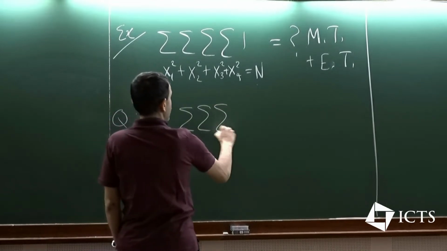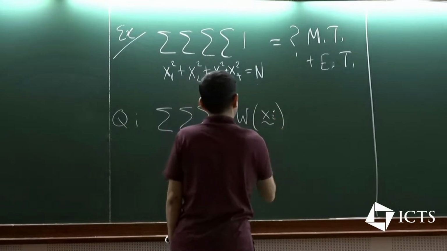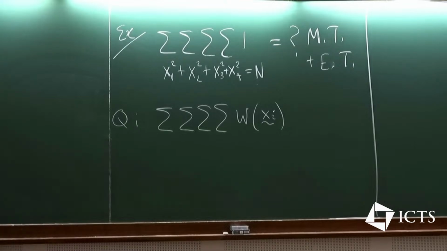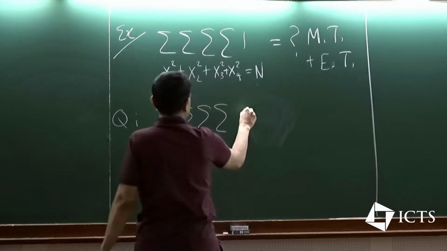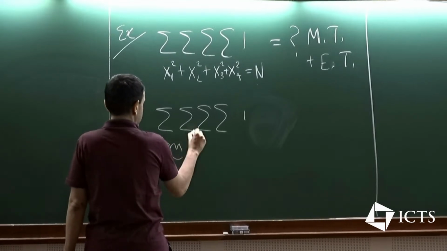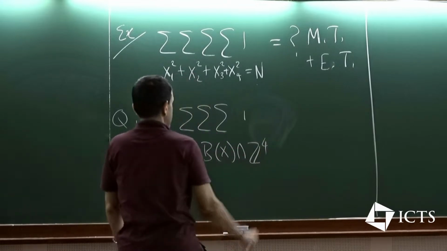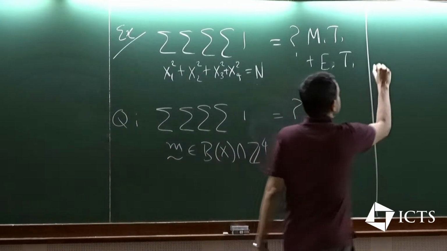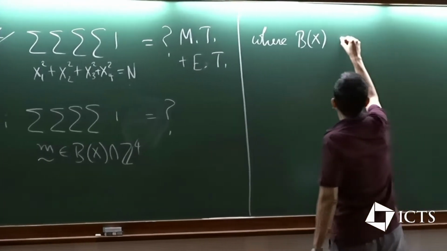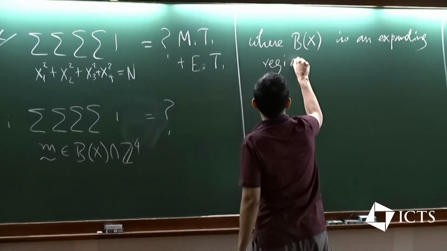Let's say w of x over xi, or maybe, okay, before putting the smooth weight, let's put 1, and let's say m is an integer inside some set that grows, of size xi to the power 4, where B_xi is an expanding region going to infinity.